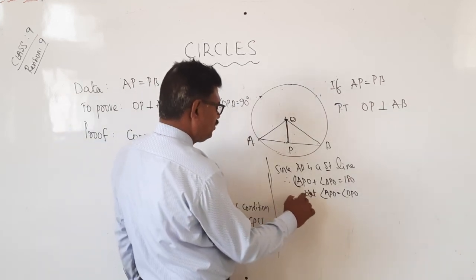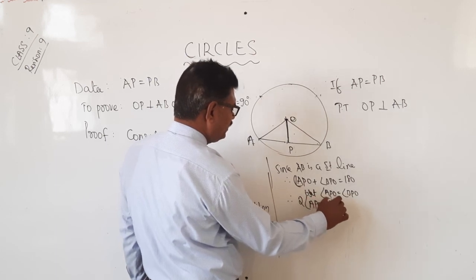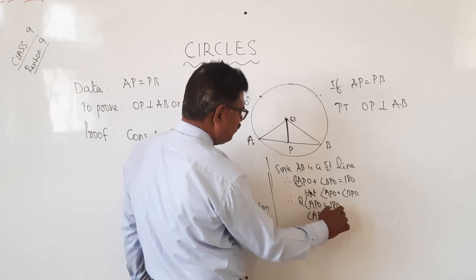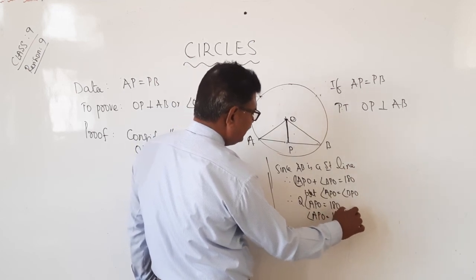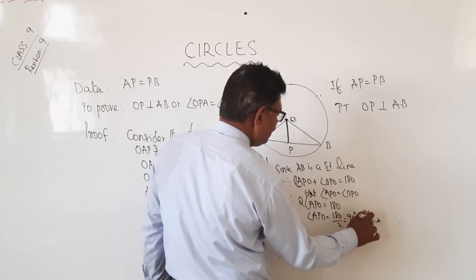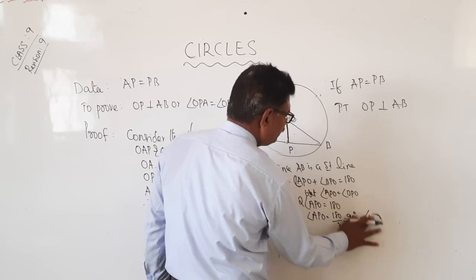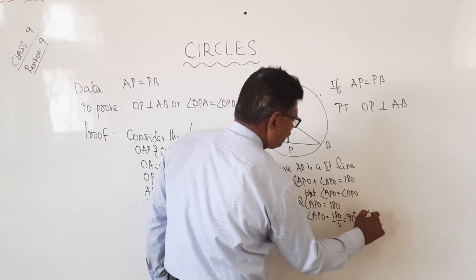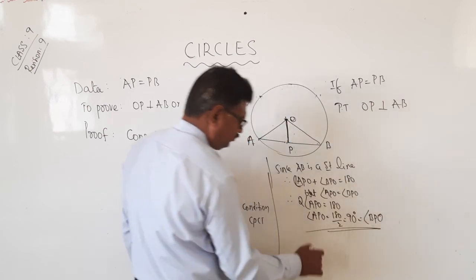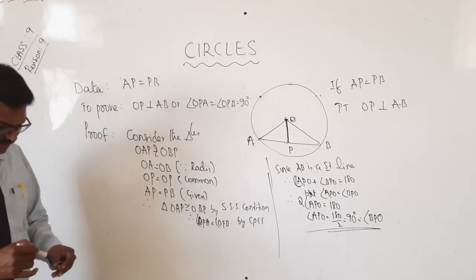Therefore, 2 times APO is equal to 180. Therefore, angle APO is equal to 180 by 2, equal to 90. It is also equal to BPO. Okay? So like this we have to understand.